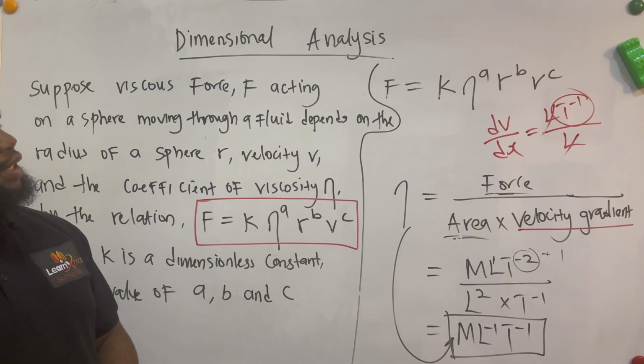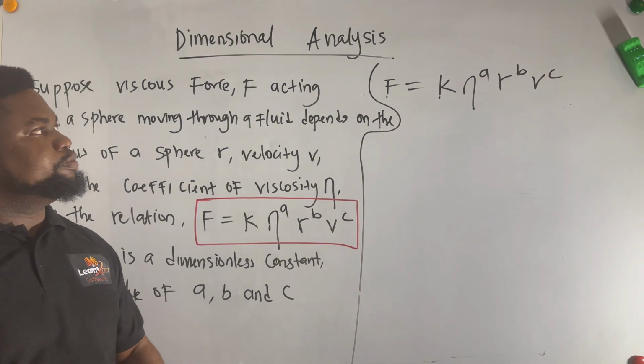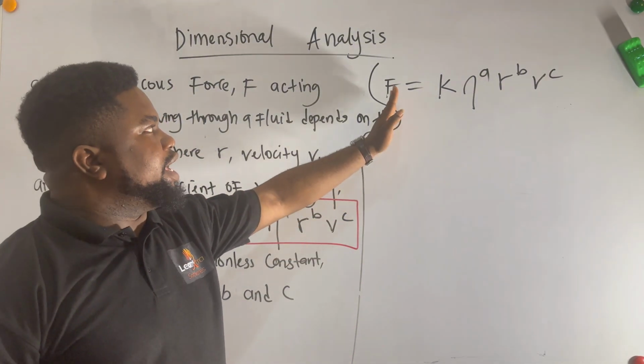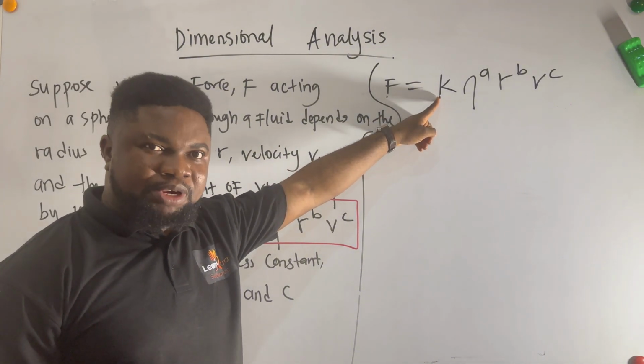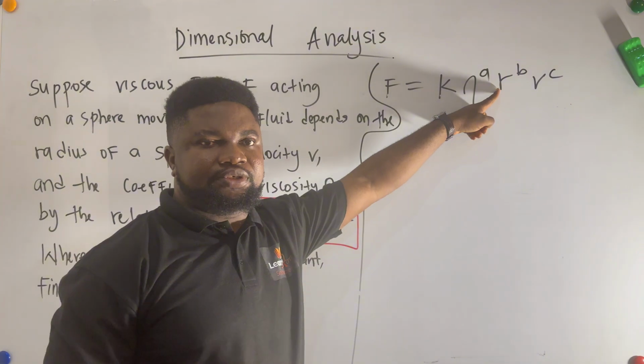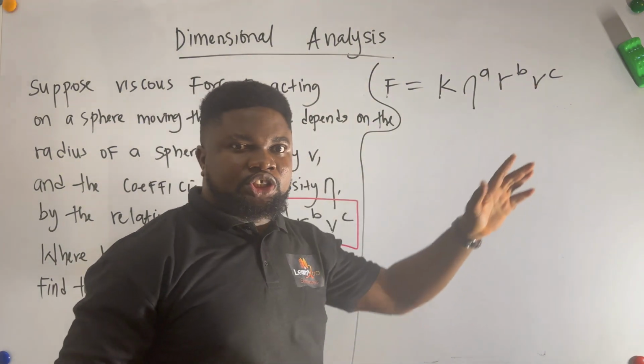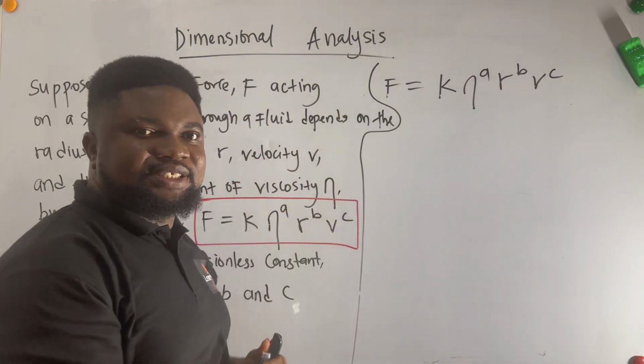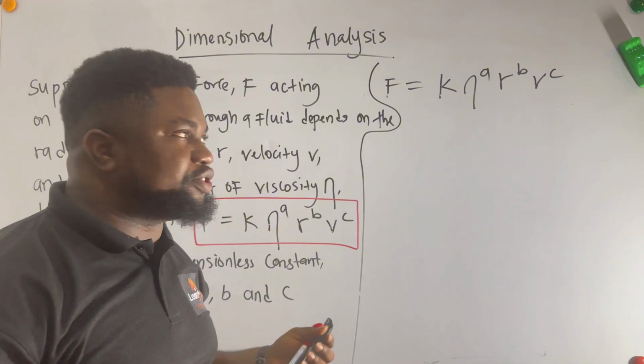So quickly, let's solve. F is equal to K, dimensionless constant, viscosity, radius, velocity. So quickly, we'll fit in their respective dimensions.